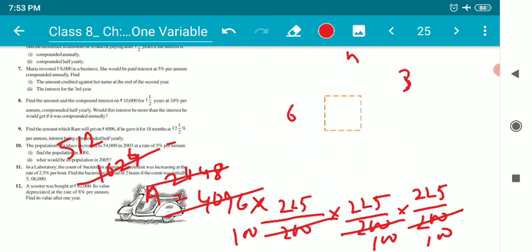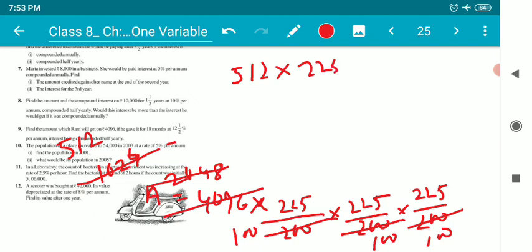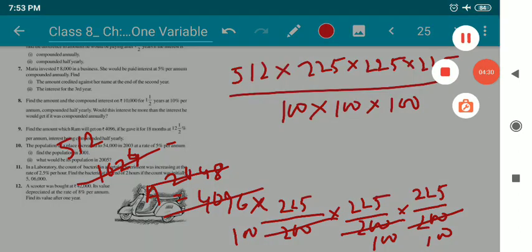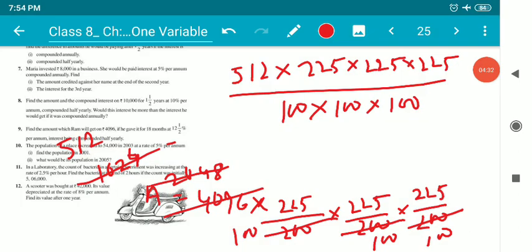We have got the calculation 512 into 225 into 225 into 225 by 100 into 100 into 100. Children, we can reduce it in a very simple way, or we can directly multiply this one. It will be pretty easy for us to understand.